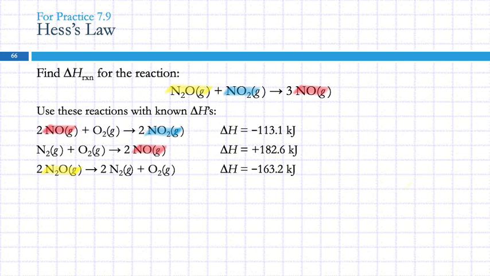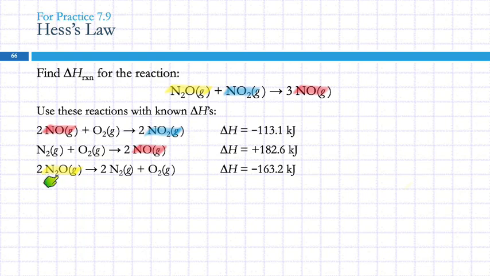What seems most organized and straightforward is just to start with the first reactant. That's this yellow one, N2O. I want to find a chemical equation down here that has N2O in it, and I need it to be a reactant. If it's in the product, then I'm going to reverse the reaction. If it's in the reactant, I can just leave it alone.